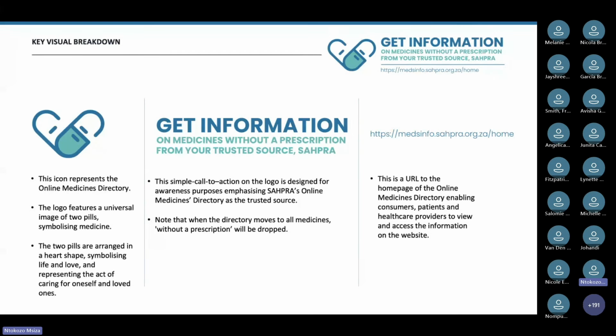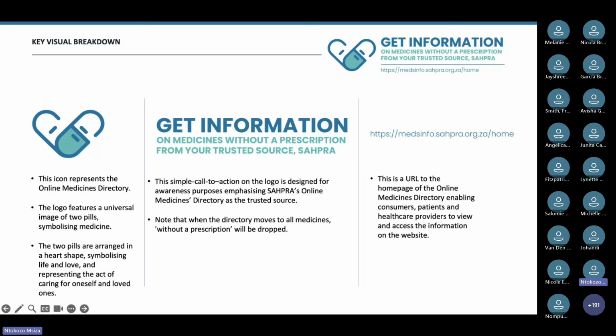It's about getting information relating to over-the-counter products from Schedule 0 to 2. Note that when the directory moves to all medicines, without prescription will be dropped. It simply means that when we do add more schedules, that section that says without a prescription will be dropped from the logo itself.